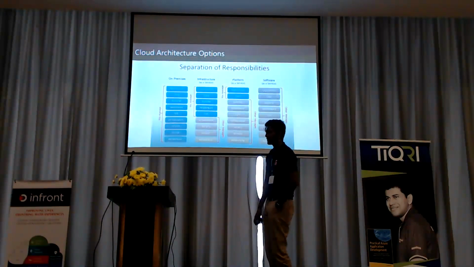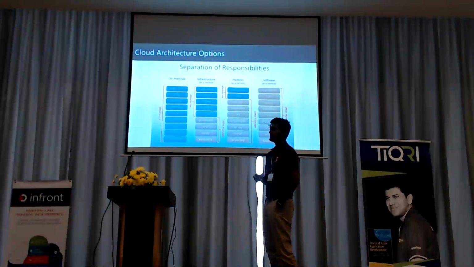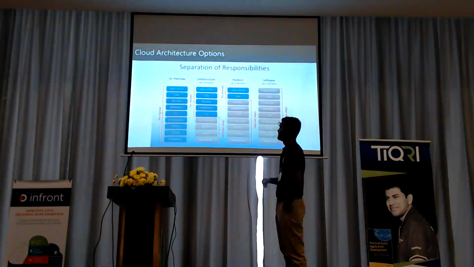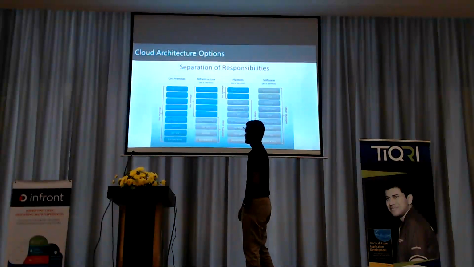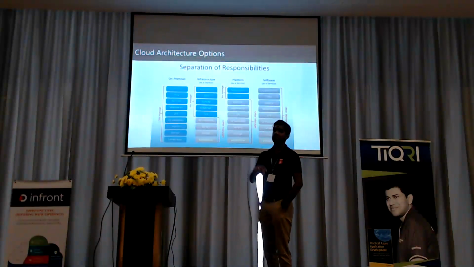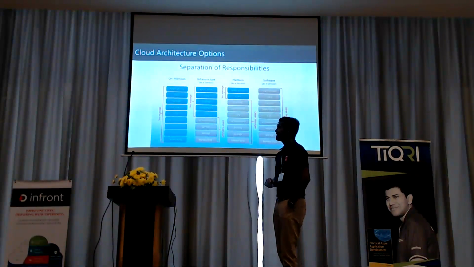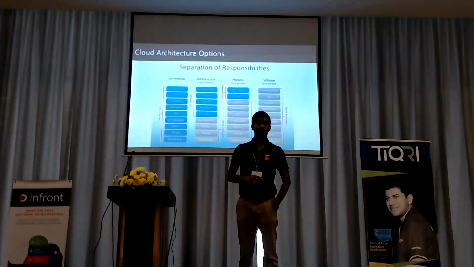When it comes to cloud or hybrid, you manage just a partial set of features like applications, data, runtime, and the other things like virtualization, servers, storage, networking, those physical layers will be managed by Microsoft. That is IaaS. Can someone give me an example for IaaS?